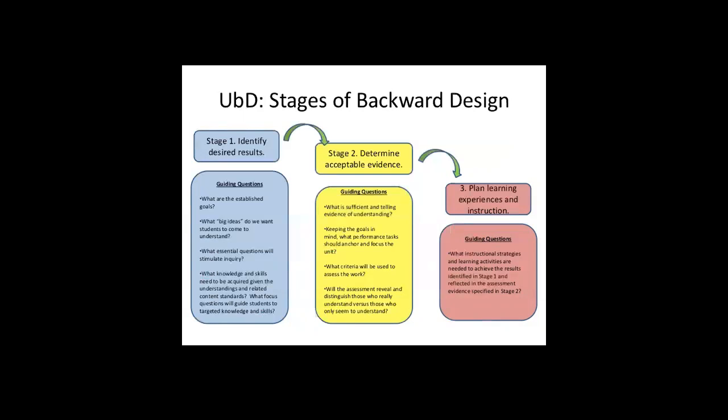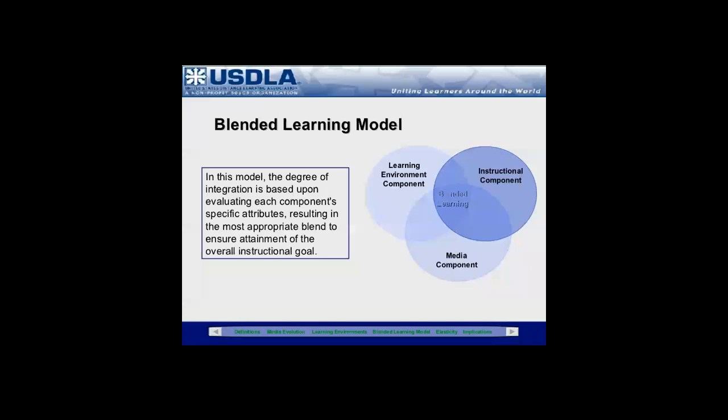Finally, planning the learning activities needs to be the last step, after you've determined what the assessments are and what the big picture is of the knowledge and skills that the students need from completing this course.